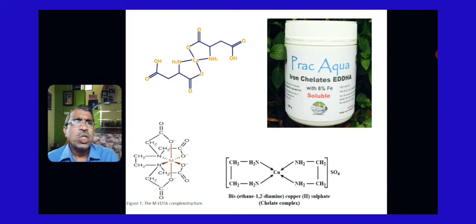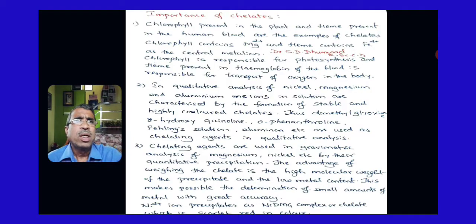These chelates have very wide applications. Let us know the importance of chelates. Chlorophyll present in plants and heme present in human blood are examples of chelates.